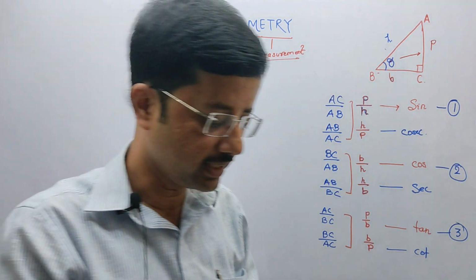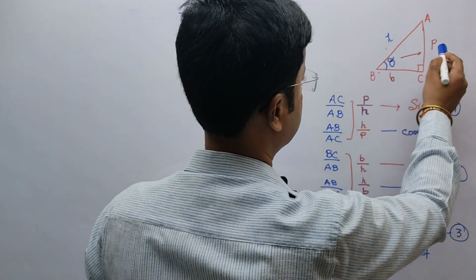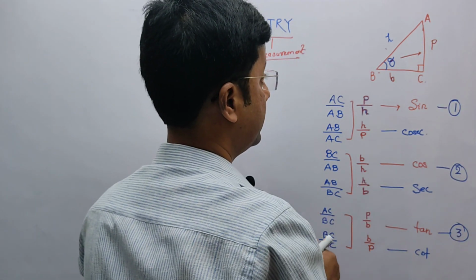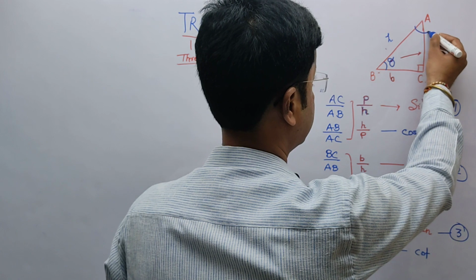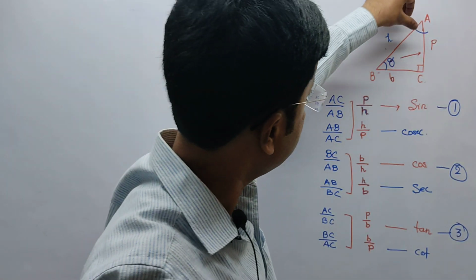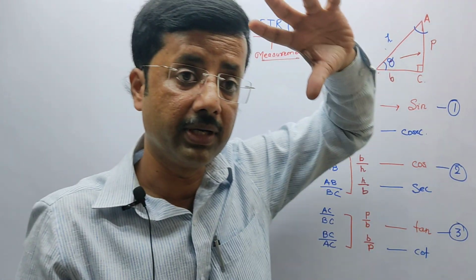If I have taken this angle theta here, that is angle B, then for angle B this is perpendicular. If I take angle A instead, then the theta will change. Now for angle A, the perpendicular will change.